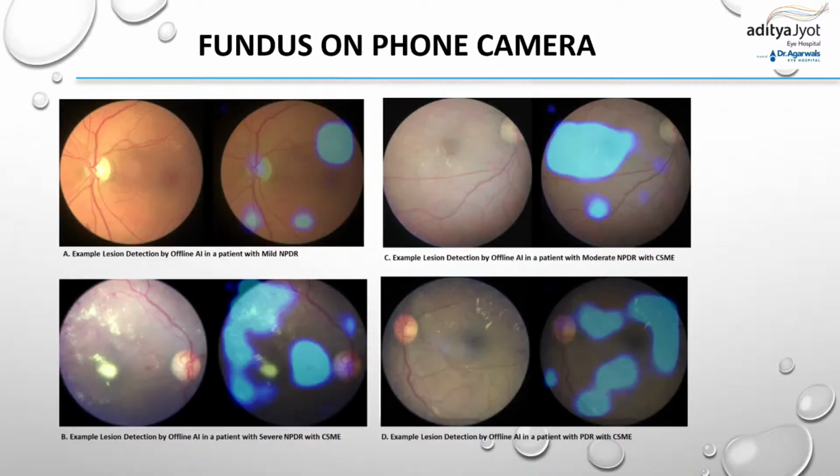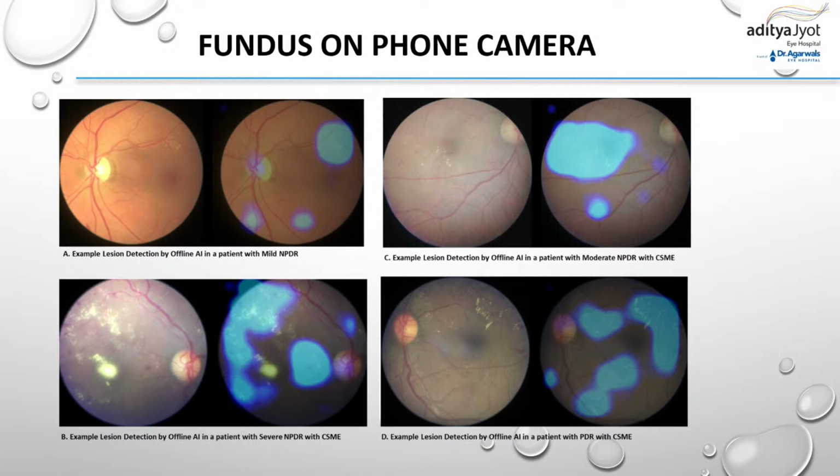And then we have applied the first offline AI in the world, where you can see the blue color which differentiates AI in the mild non-proliferative with CSME, severe non-proliferative with CSME, and proliferative diabetic retinopathy CSME. We made two categories, even though it can classify everything.